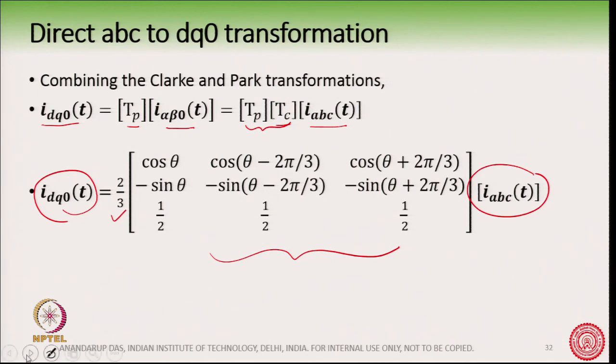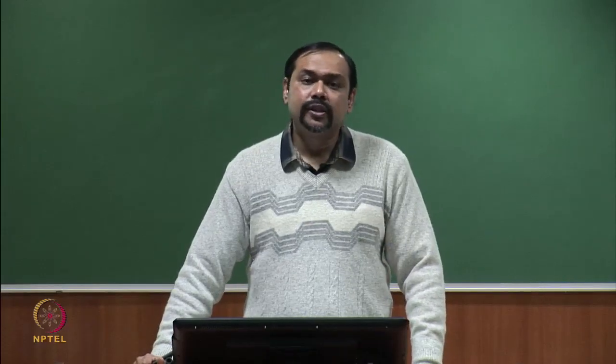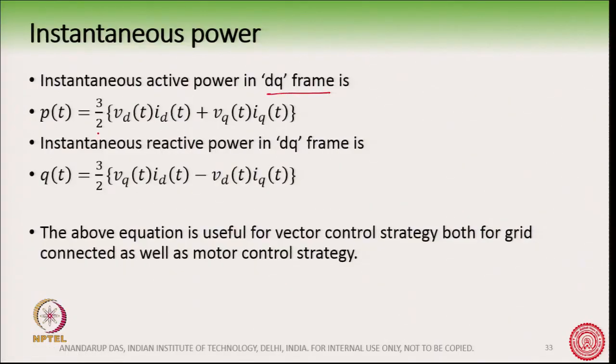Similar to the alpha beta case, we can also define the power. The instantaneous active power in the dq frame is 3 by 2 times (Vd Id plus Vq Iq), and the instantaneous reactive power in the dq frame is 3 by 2, again with the cross terms, (Vq Id minus Vd Iq).